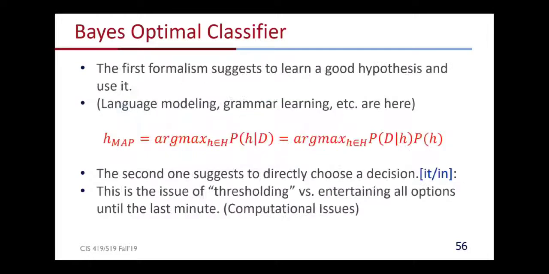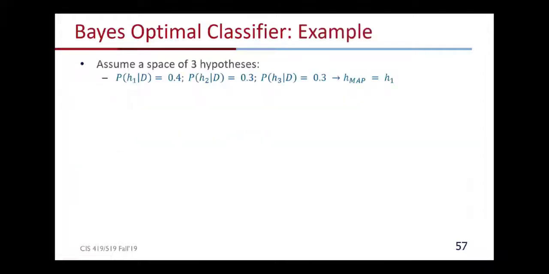Let's look at this simple example here. We are aiming toward getting a classifier, which is going to be the maximum a posteriori classifier, this argmax over this. And we can think about it in two ways. So let's take this example to illustrate this. Let's assume that we have a space of 3 hypotheses, H1, H2, H3, and I'm giving you here the probabilities for each one of the hypotheses given the data.